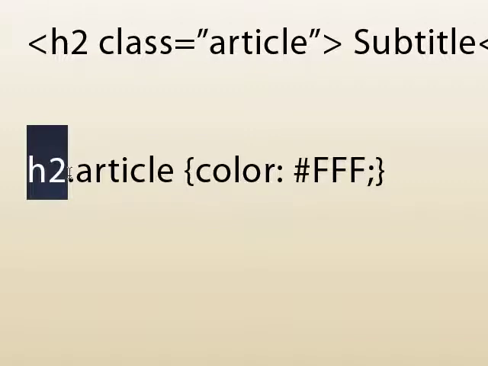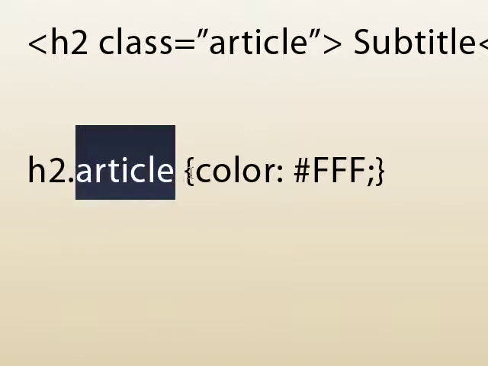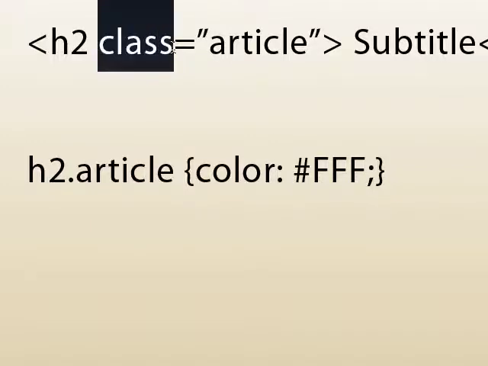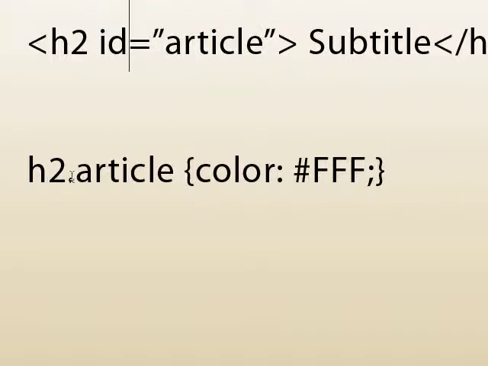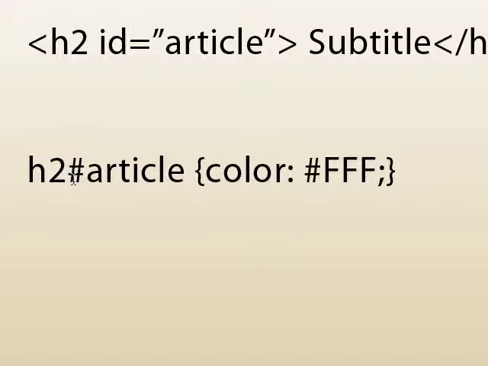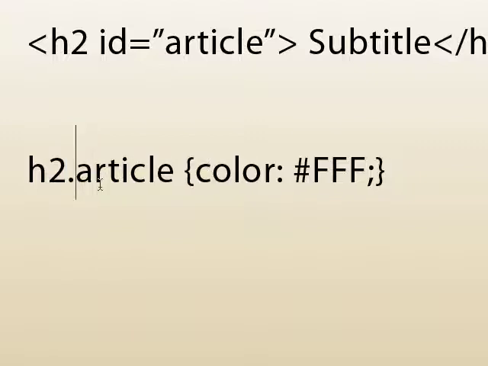That means all H2 tags that are classed article should be this color. If this were an ID, then I would say all H2 tags that are ID'd article are this color. So IDs use the pound sign and classes use the period.